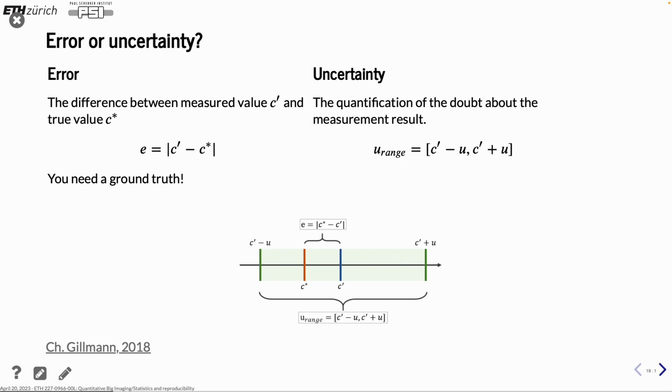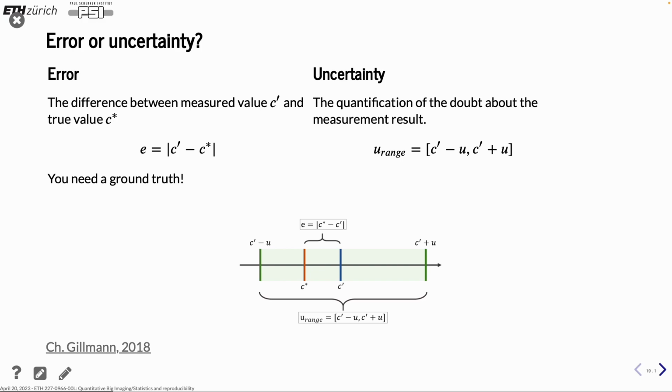And here now I have said uncertainty a lot, and people often say error analysis, and there is a difference between them, because the error is the deviation from an absolute reference, what it really should be.